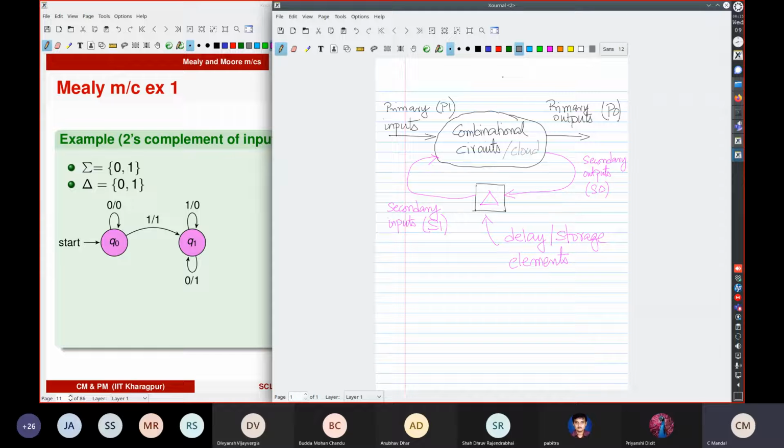So this whole thing is called the Huffman model.